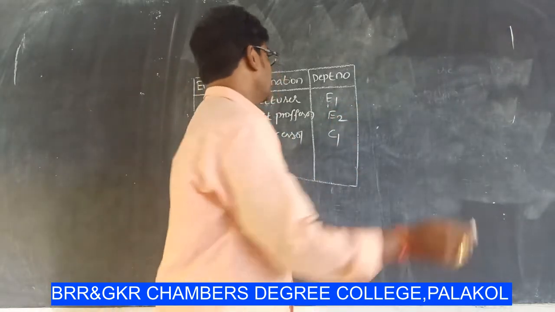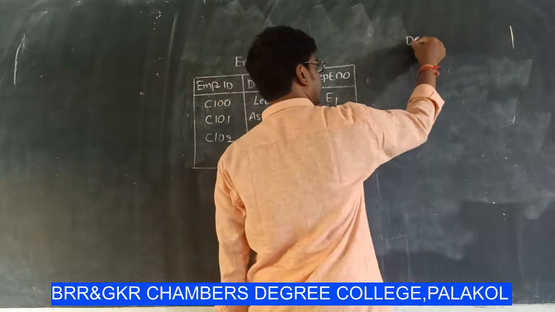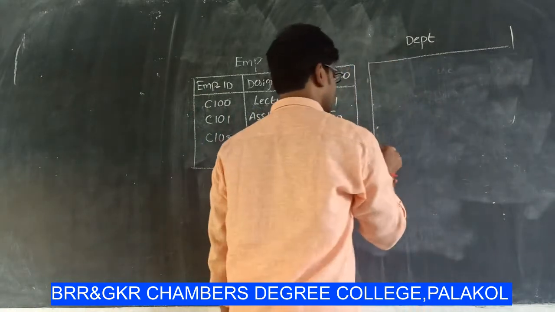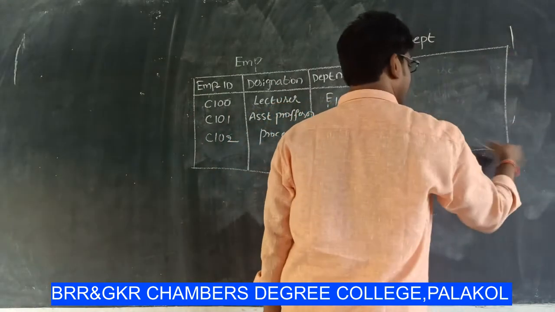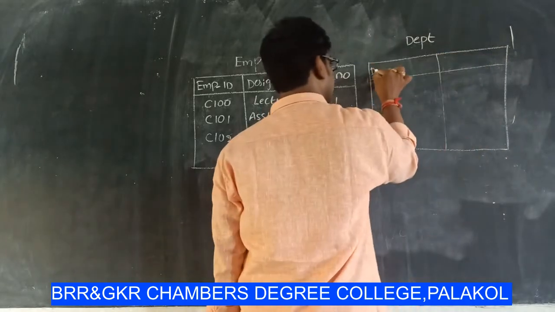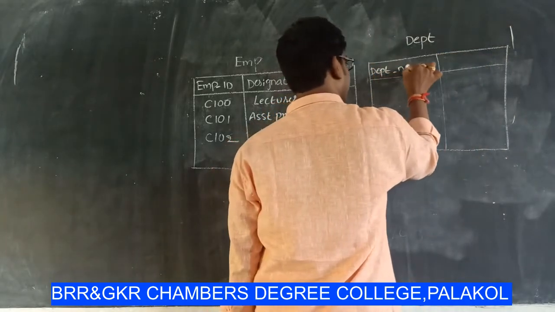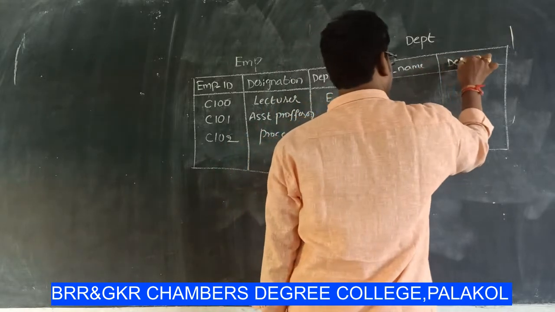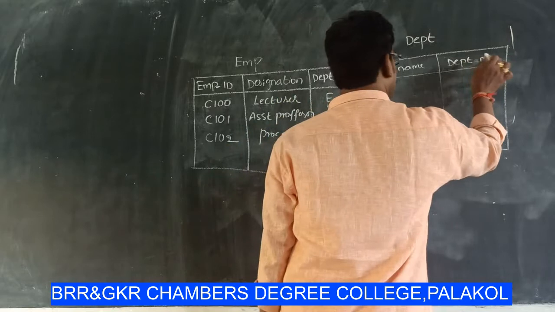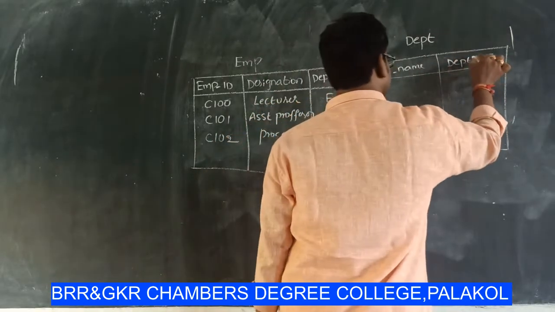I am taking another table, the department table, DEPT. This table has two columns, department name and DEPT number. The common column is DEPT number.